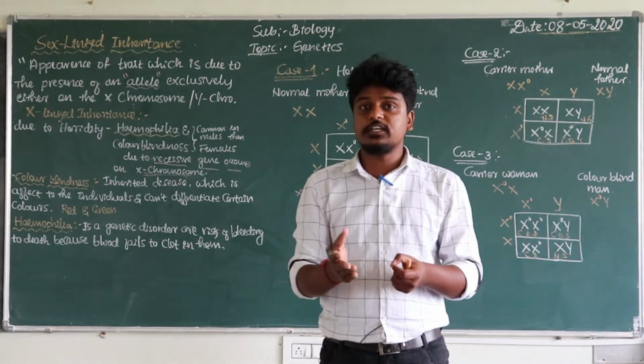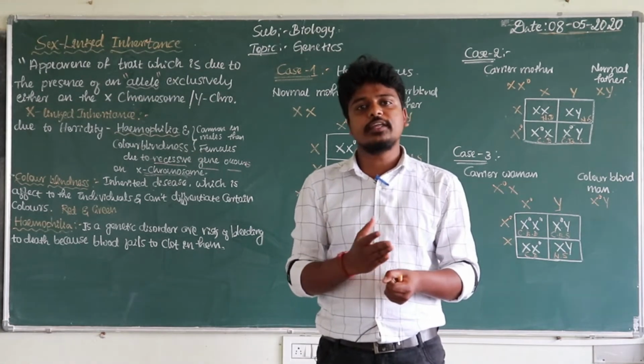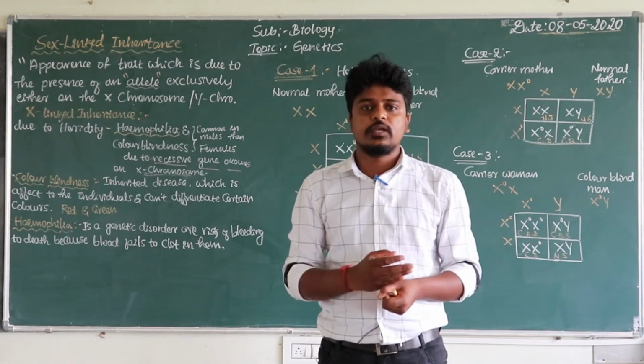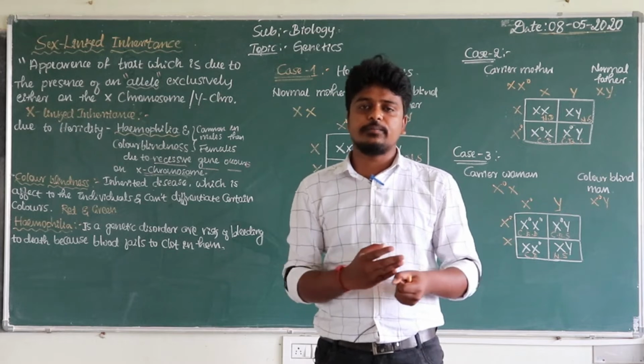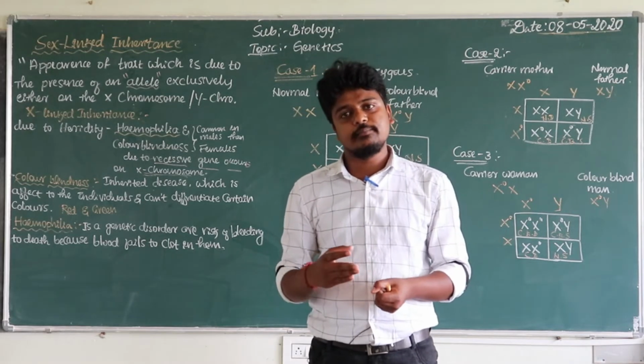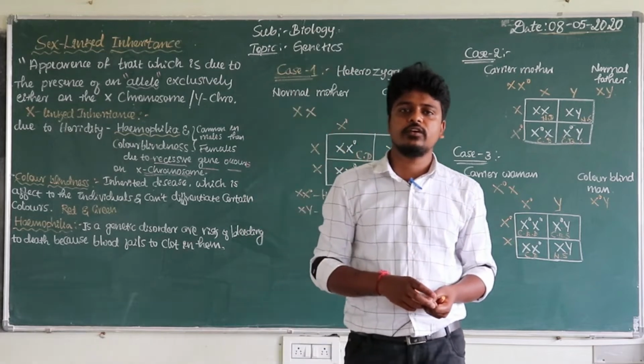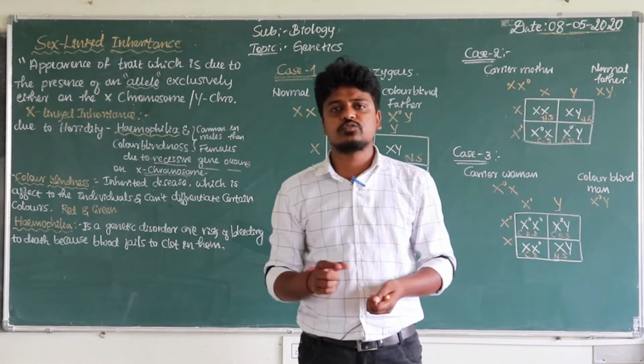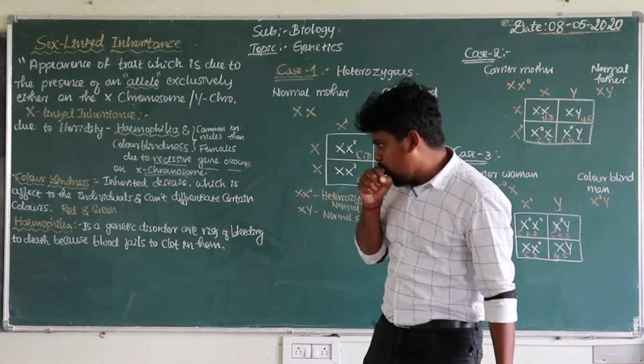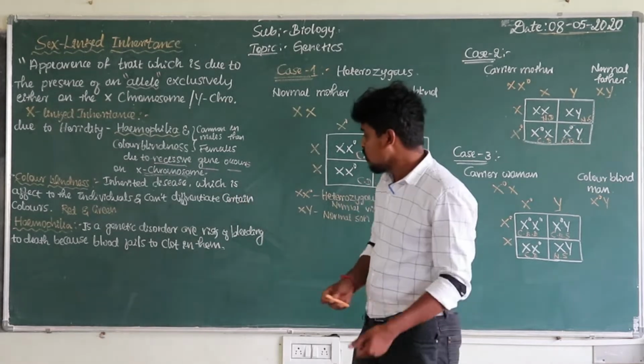It is not easy to stop, the clotting of the blood takes time, and in that period the person may even die. There are more chances of death for those suffering from hemophilia.